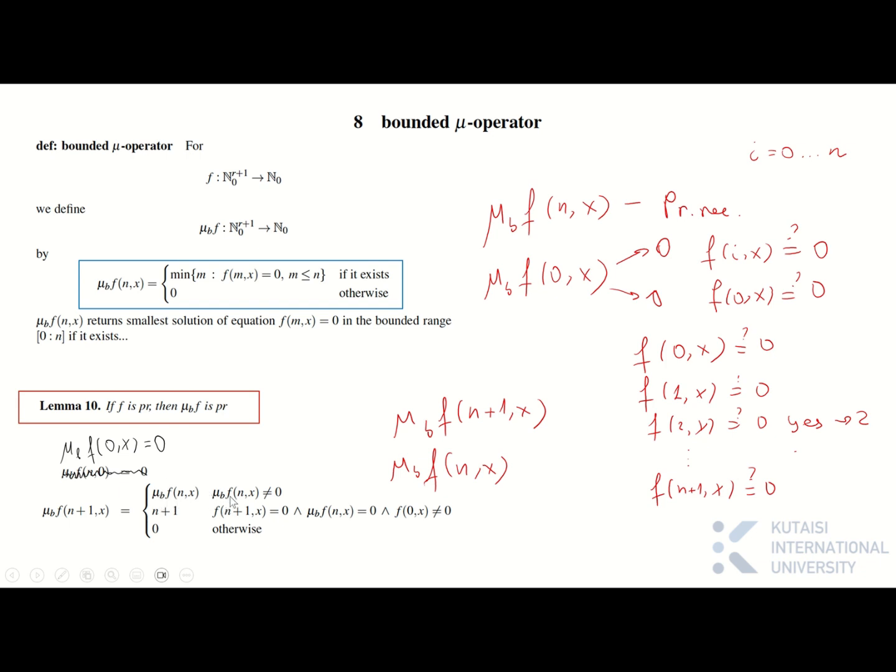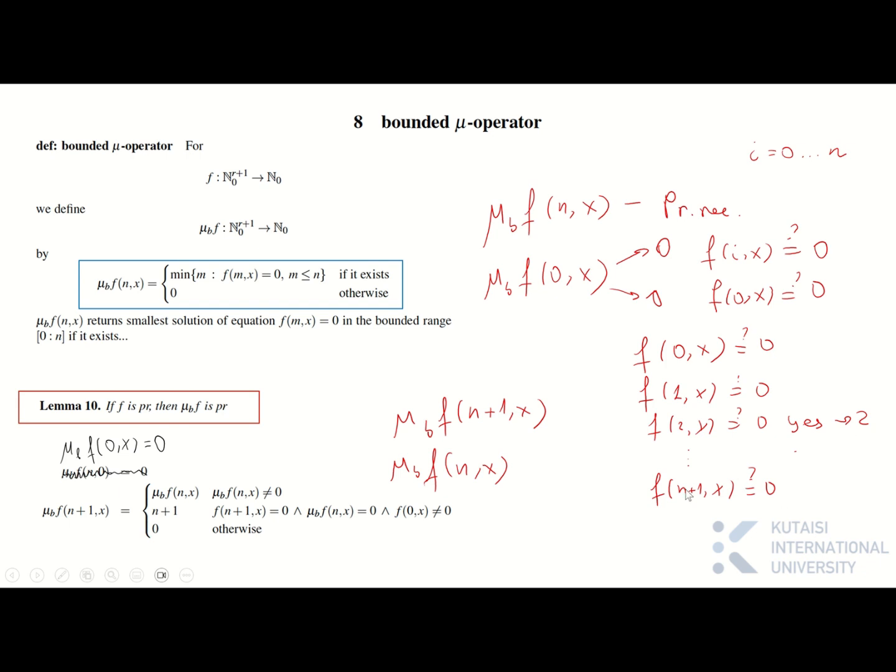If the bounded operator at fnx was non-zero, that means the solution was found before n, then if you go to n plus 1, you're looking at the smallest solution, so it will also be found. So this is one possibility, when something was found here.